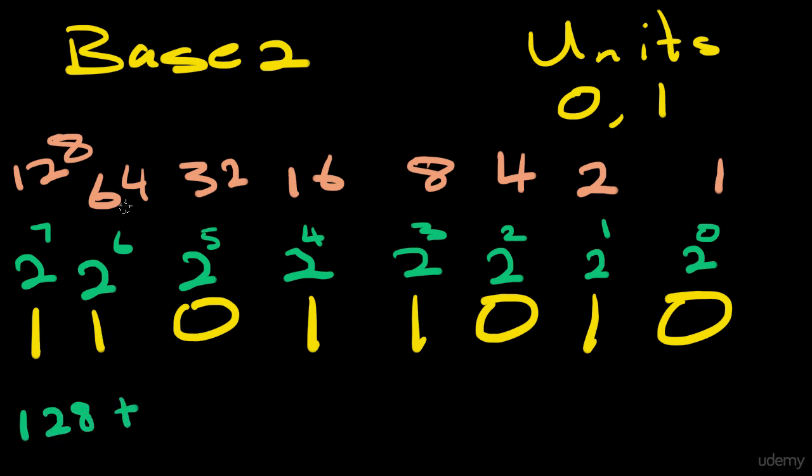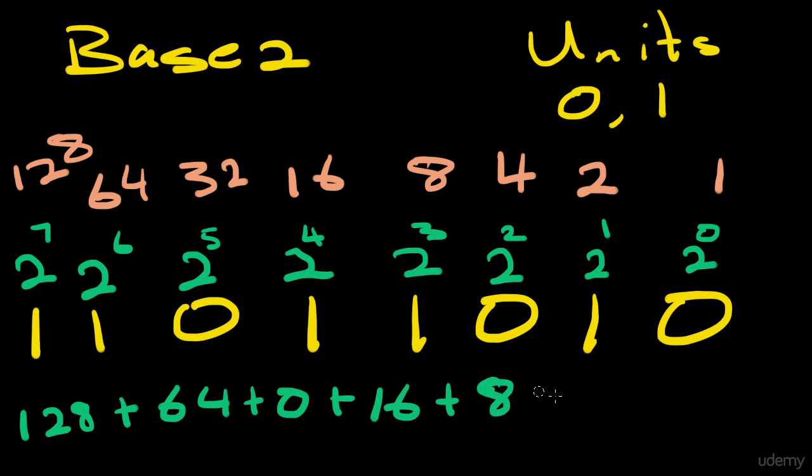We have one group of 64. We have 0 groups of 32. We have one group of 16. We have one group of 8. 0 groups of 4. We have one group of 2. And we have 0 units.